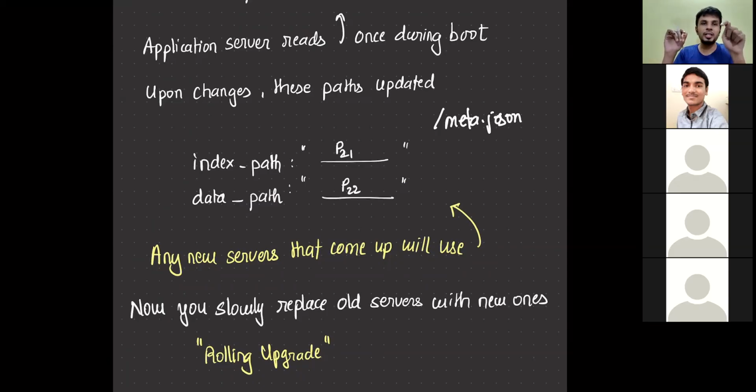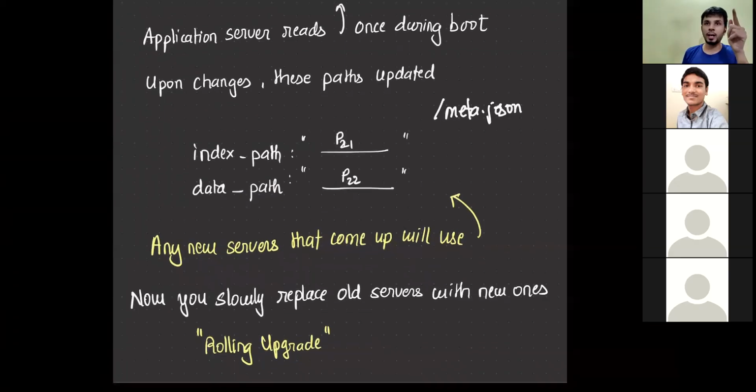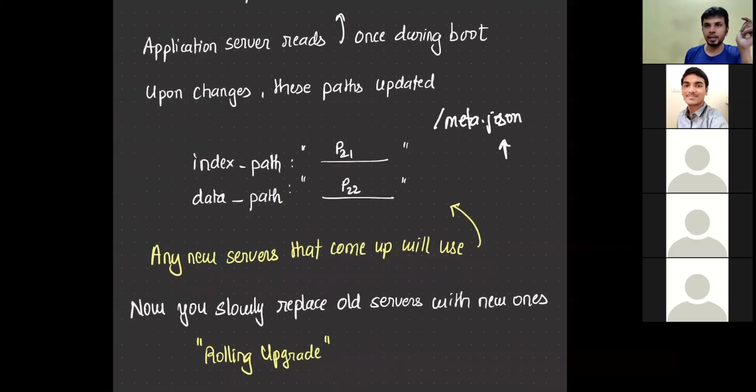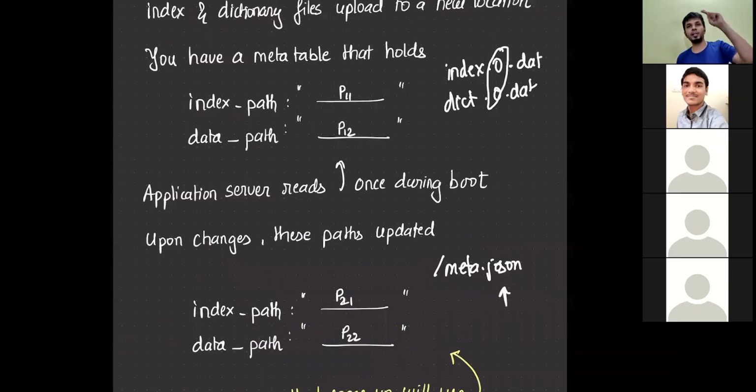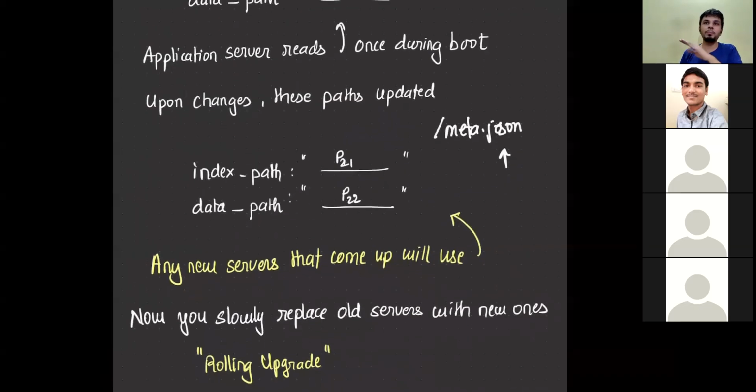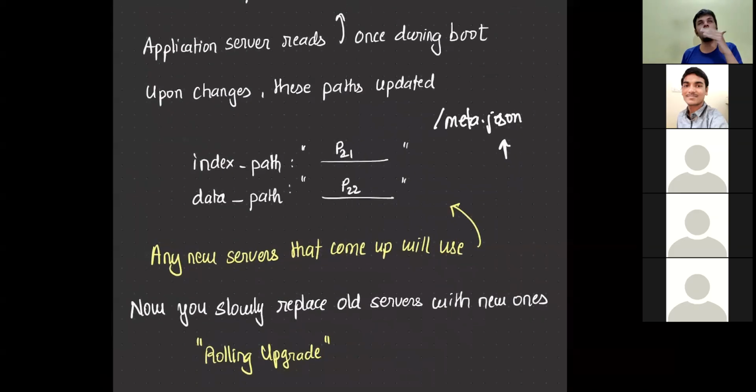Now, if this path got changed, it means this same file got updated. So you have separate files for index and dictionary, but the meta file would always be replaced whenever your job runs. New servers that spin up would all load the new paths, P21 and P22.